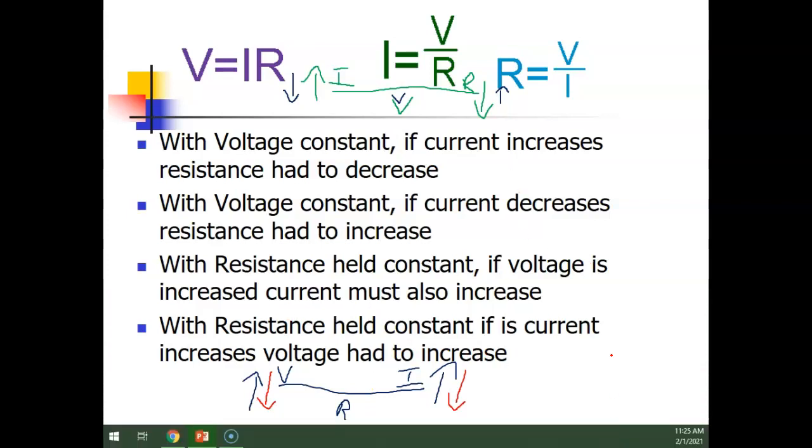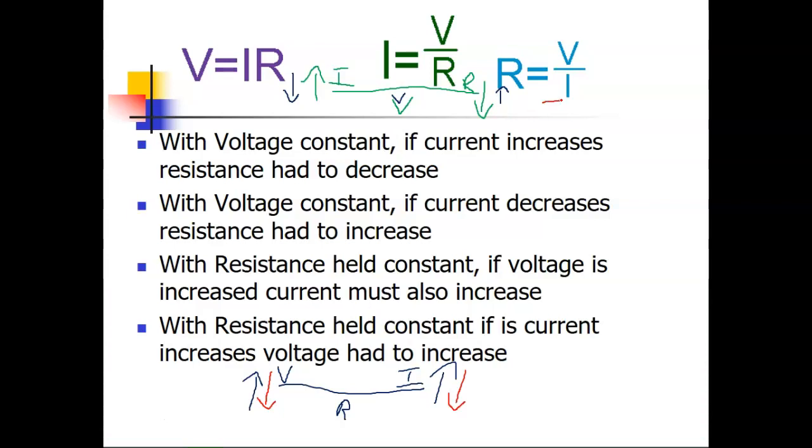Let's put it a little bit differently. Current is inversely proportional to R. Voltage and resistance, and voltage and current, are directly proportional as long as the third value is held the same.